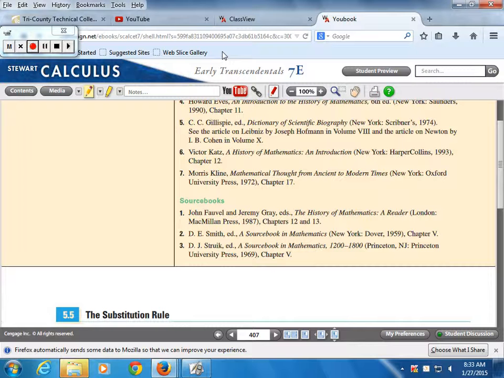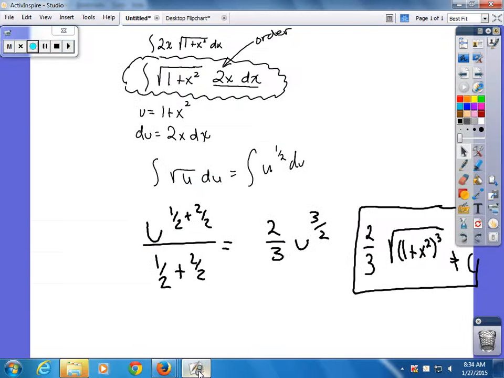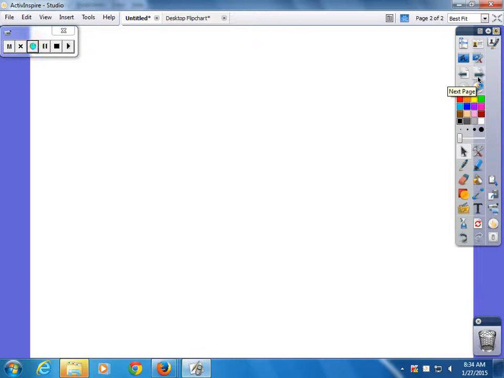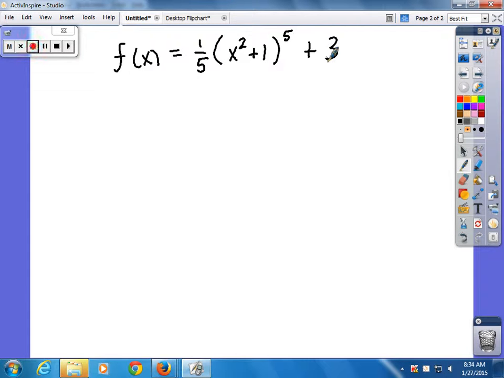How about f of x is equal to 1/5 times x squared plus 1 to the 5th power plus 3. All right, take a second and work on that one.